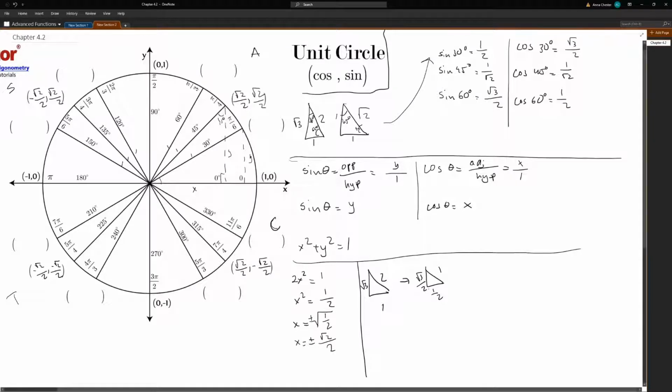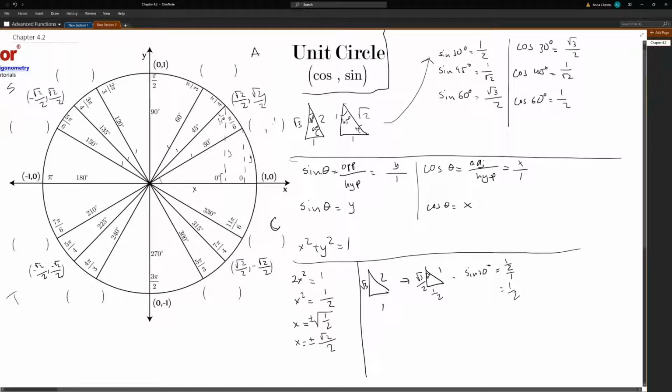With that, we can now do the same problem. So sine 30 would be equal to the opposite over the hypotenuse. That would be 1/2 divided by 1, which equals 1/2.